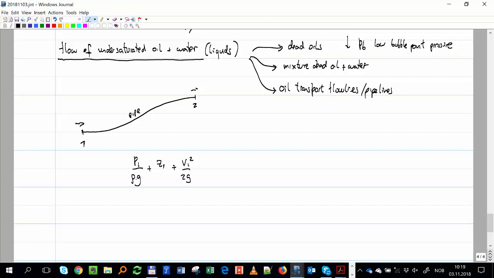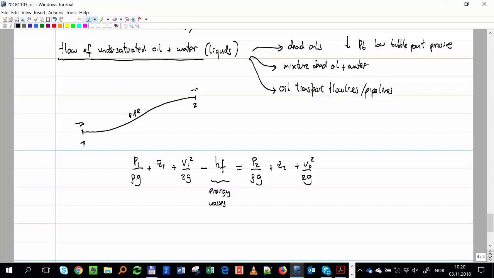The energy in point 1 minus the energy that it loses, which I can call HF, okay? So these are energy losses, will be equal to the energy in 2, which is P2 over density plus Z2, okay?